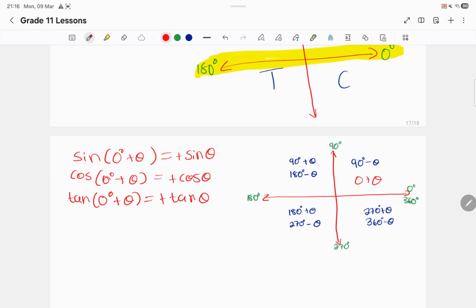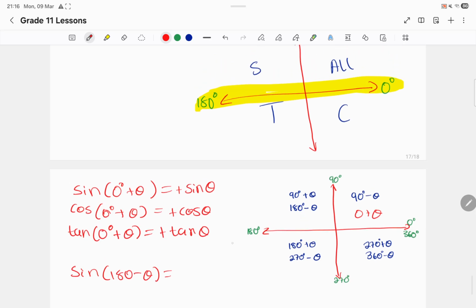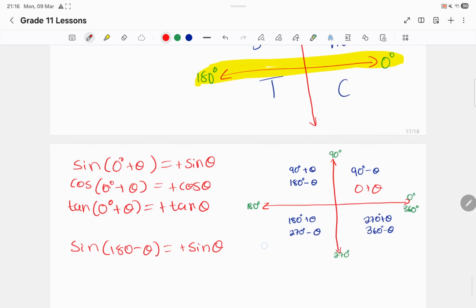But the issue changes when we go to 180. If we look at sine of 180 minus theta, we already know that 180 minus is in the second quadrant. And in the second quadrant, sine is positive. So this is going to be positive sine theta, right?